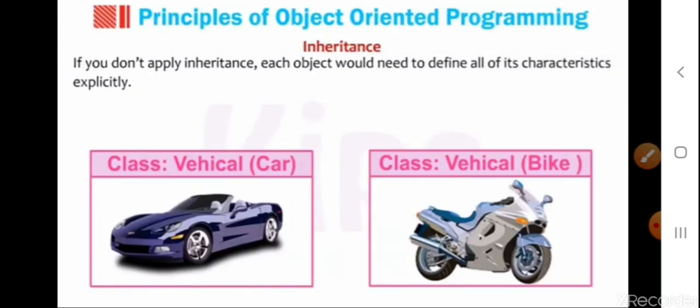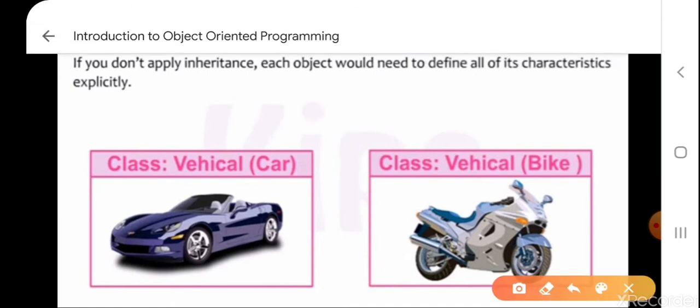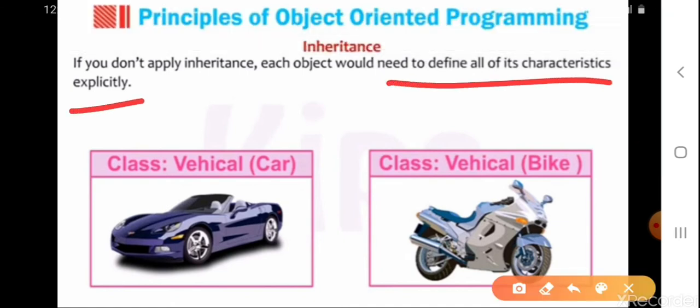Now, if we don't apply inheritance, each object would need to define all of its characteristics. For example, car and bike both are vehicles.